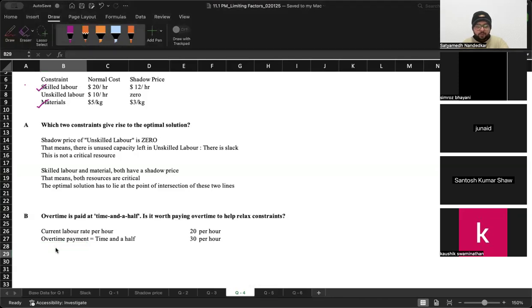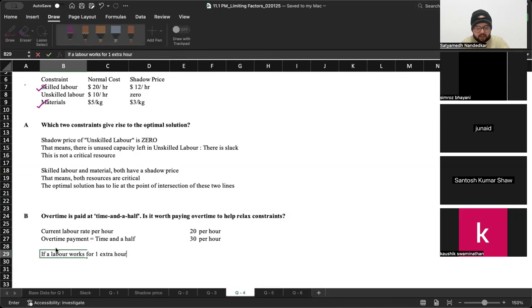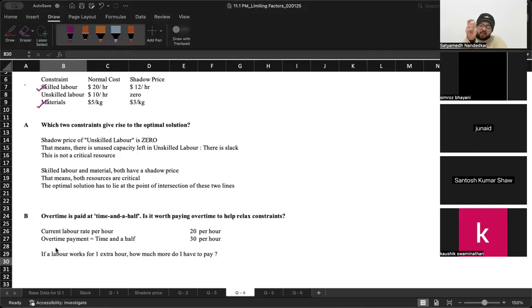ठीक है. सो इफ अ लेबर वर्क्स फॉर 1 extra hour, how much more do I have to pay? When he works usually उसको 20 per hour मिलता है.